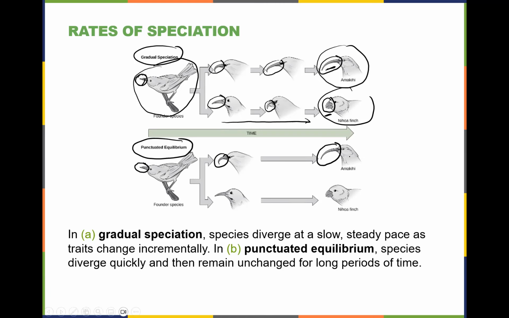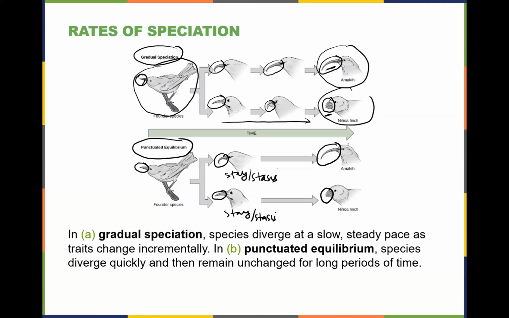Okay, and then the other one over here starts from this small beak, becomes bigger, and stays for a while. So this is the stay, or stasis. Okay, and suddenly it produces or evolves into a bird that has a very thick beak.